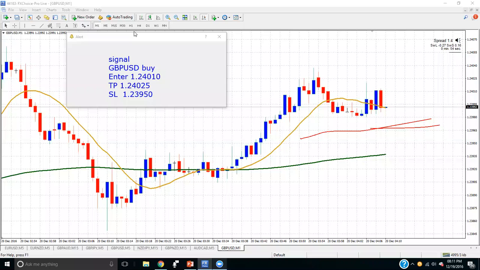So one of the things that I like to do is go and take a look at the other time frames, because this signal says it's a buy. So what I want to do is confirm, is it really a buy? I'm going to let you know right now that this morning I was buying GBP USD, and I saw some other signals out there.